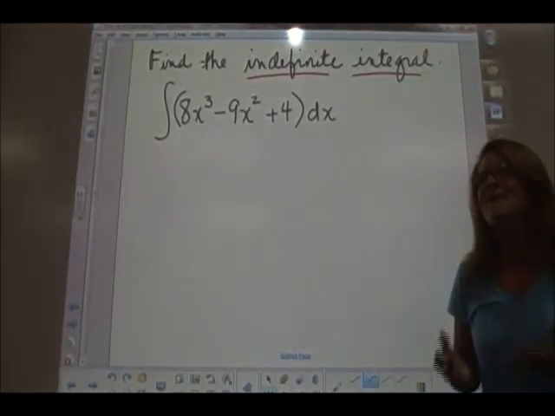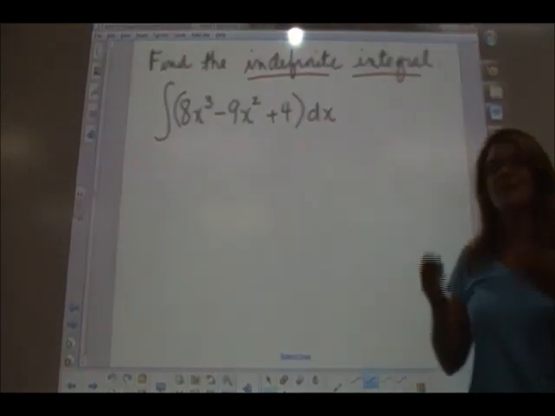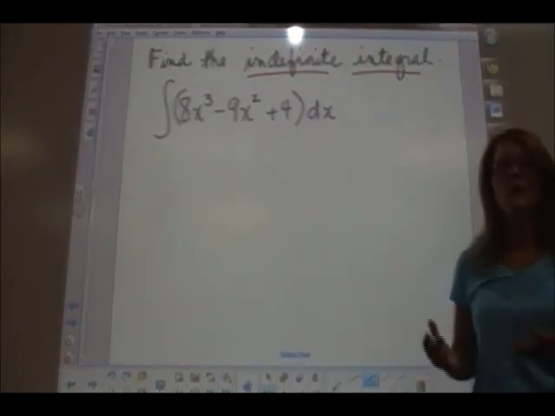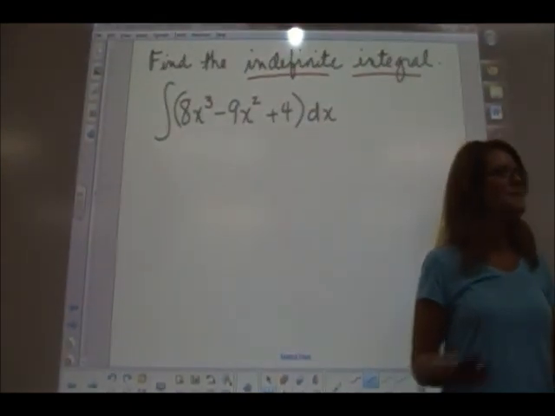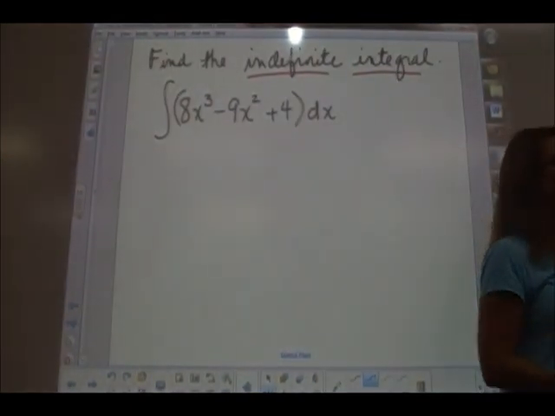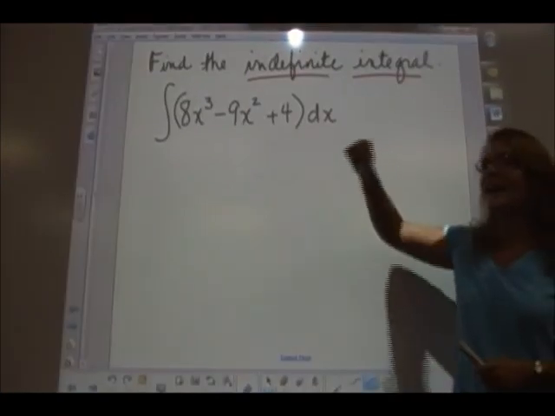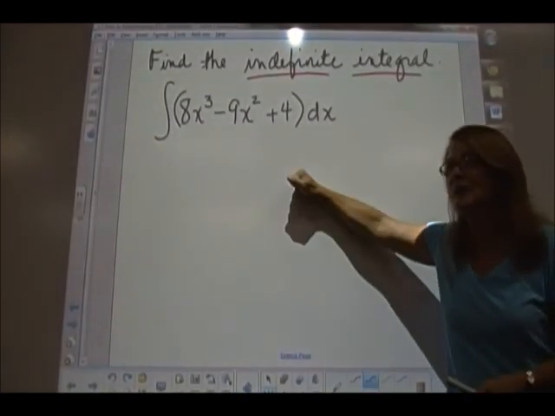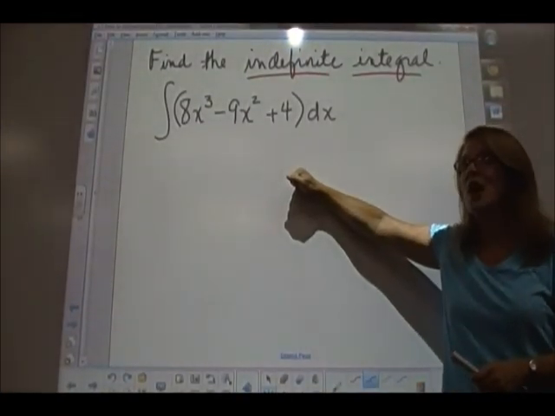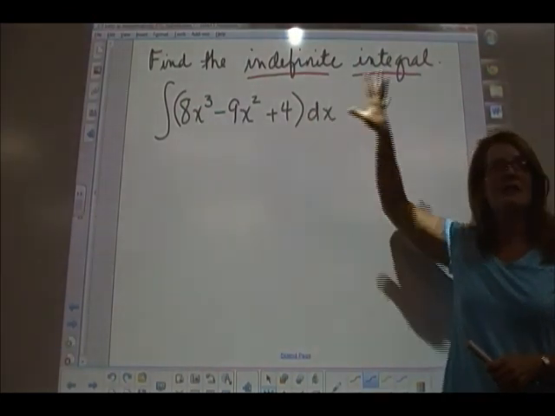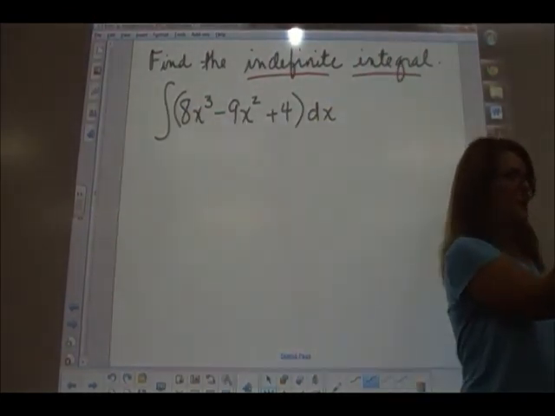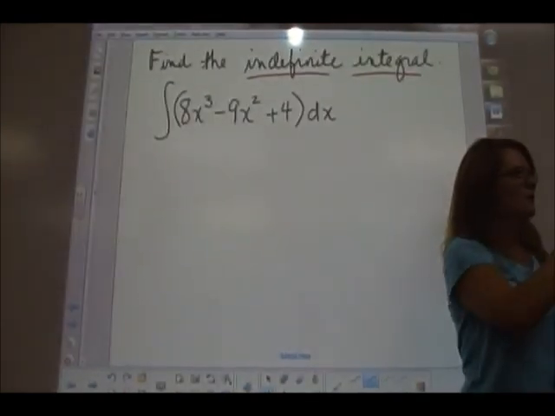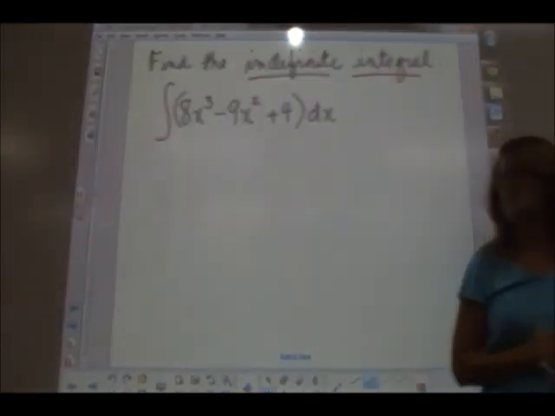There are an indefinite number of constants that we could add to this antiderivative. This plus C idea tells us that there are an infinite number of antiderivatives because you could add any constant to it. So when you're looking for an indefinite integral, your antiderivative will definitely have a plus C on it.